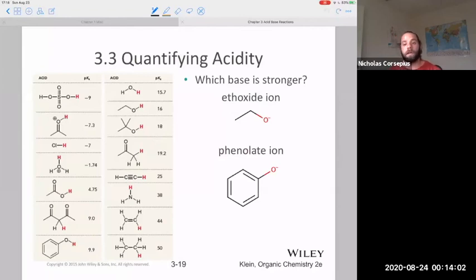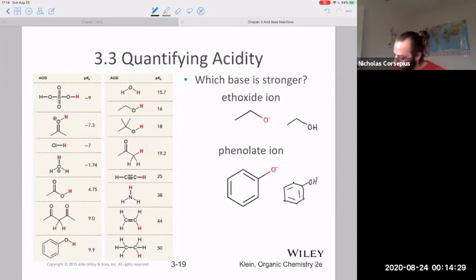Okay, so if I want to compare the basicity of these things, the first thing I've got to do is figure out what the conjugate acid of each of these molecules is. Remember, the conjugate acid is my base after it's accepted a proton. So in this case, my conjugate acid is going to be ethanol. And down here, my conjugate acid is what's called phenol.